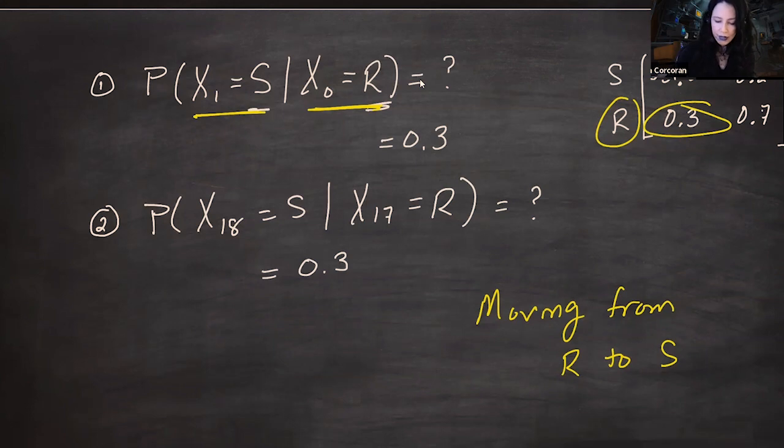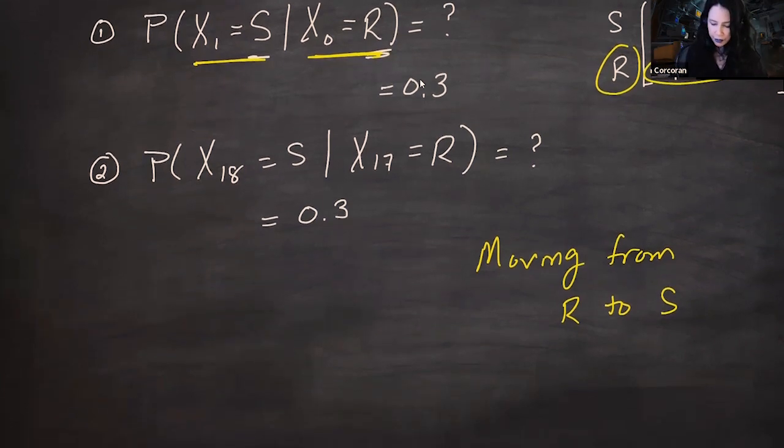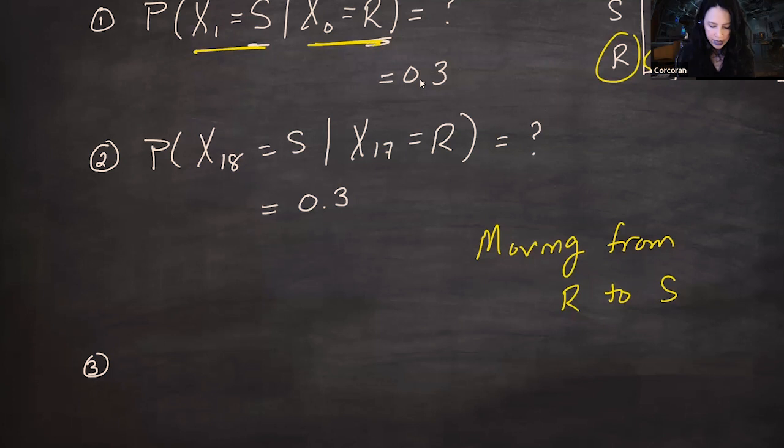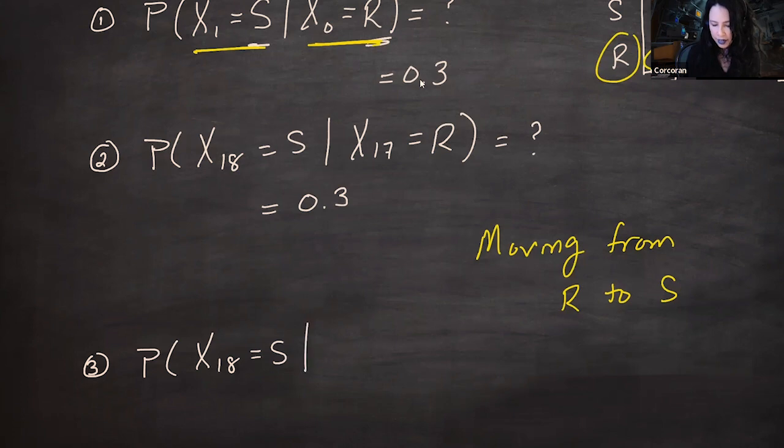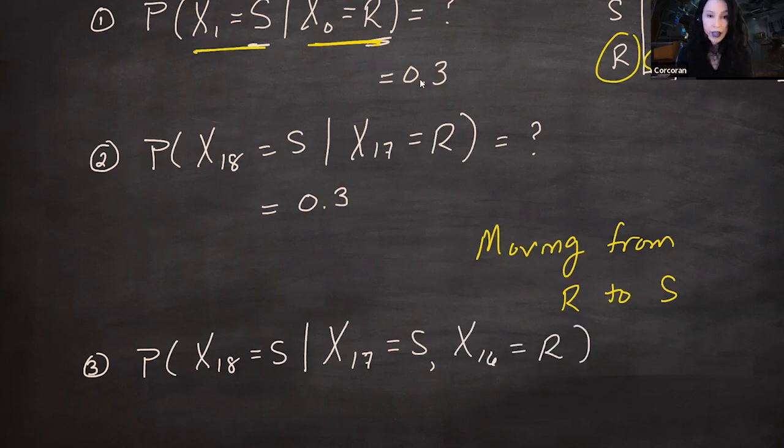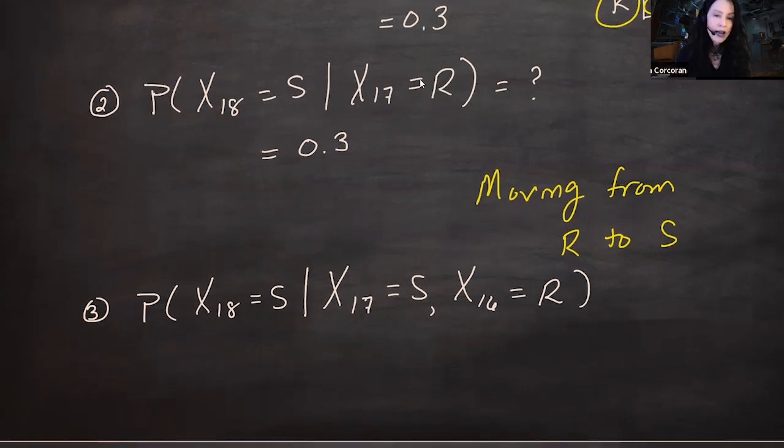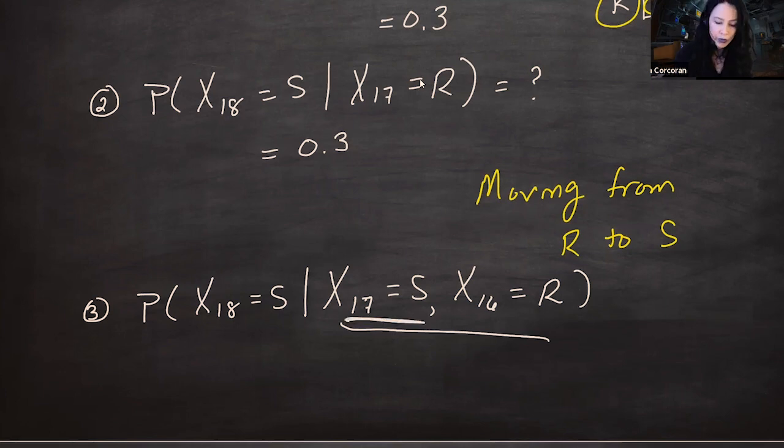Okay, so I've got another question for you. Third up, what is the probability that X18 is sunny given X17 is sunny and X16 is rainy? So now you just want to use the Markov property. If you're given some history of the chain, only the most current value is relevant to the calculation.